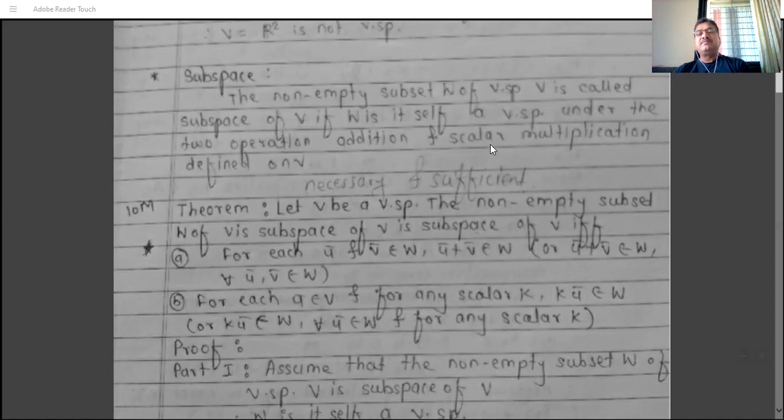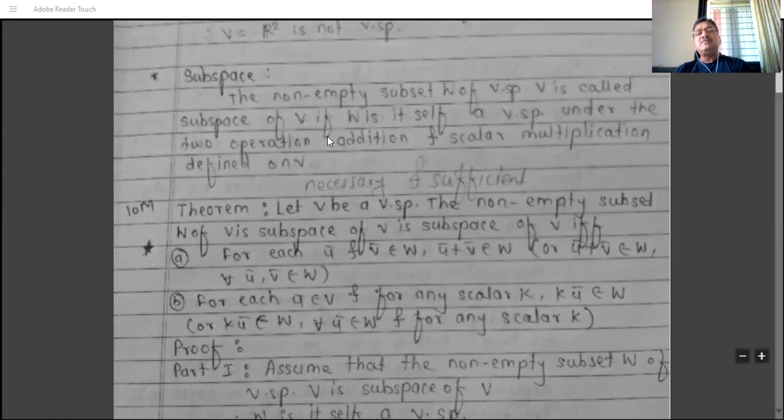Under the operations, addition and scalar multiplication, defined on V, if W is itself a vector space, that is, if W satisfies the 10 conditions, meaning the elements of W with these two operations satisfy the 10 properties of a vector space, then we say W is a vector space.